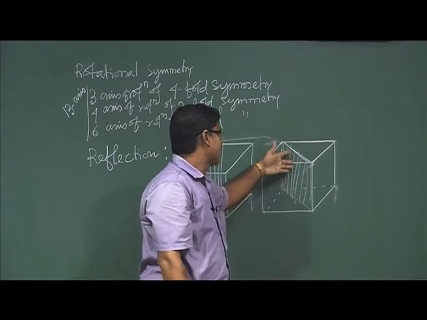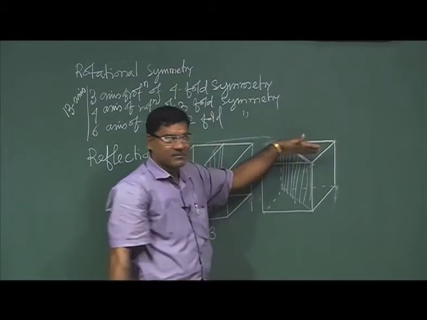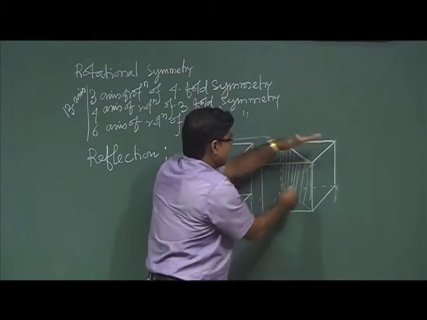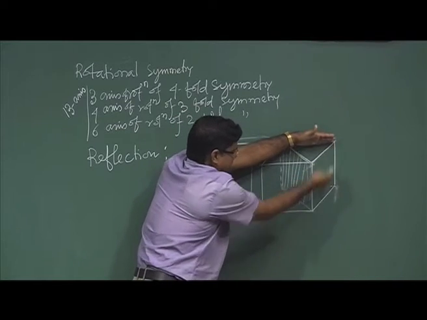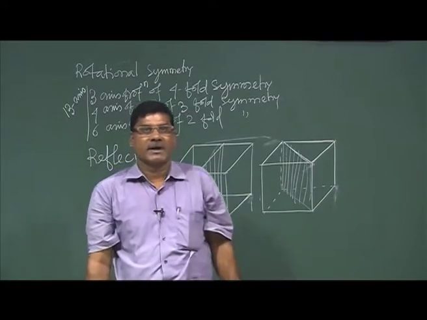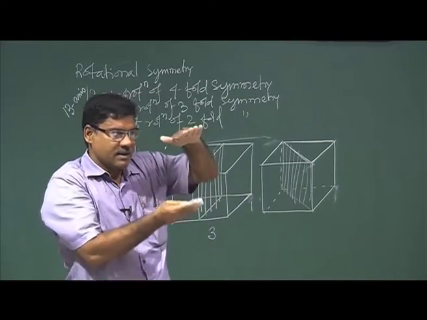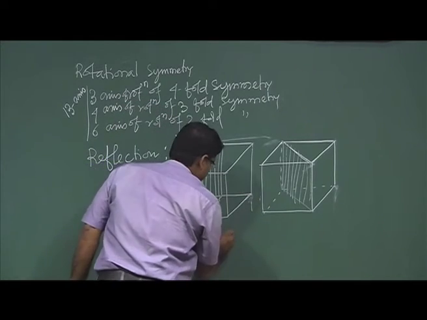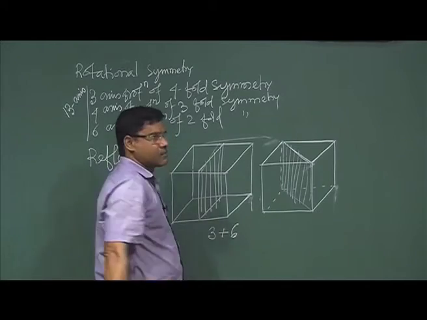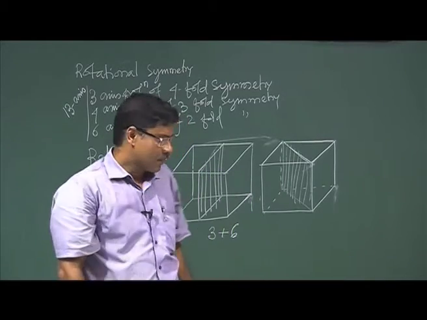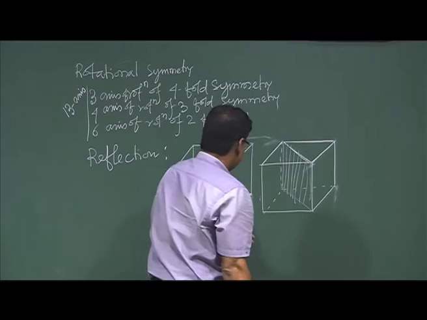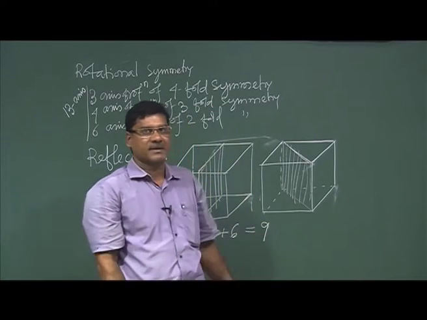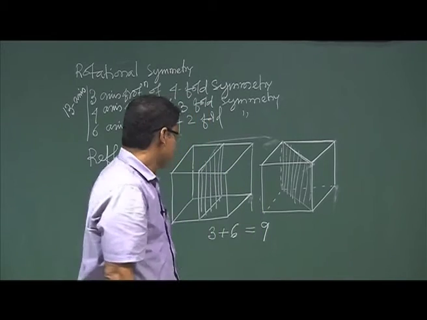And I told you that this type of plane, from each set of opposite faces, you can get 2. So, this is one and another these 2, so you will get 6 symmetry planes. So, in total you will get 9 reflection symmetry planes in the cube crystal.